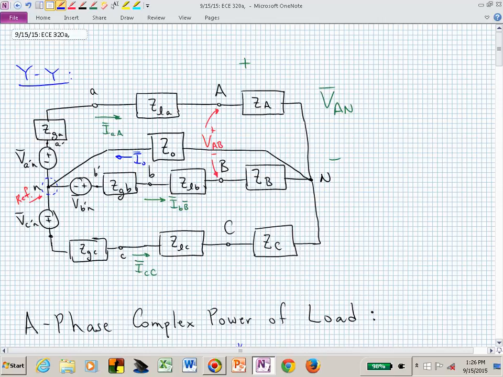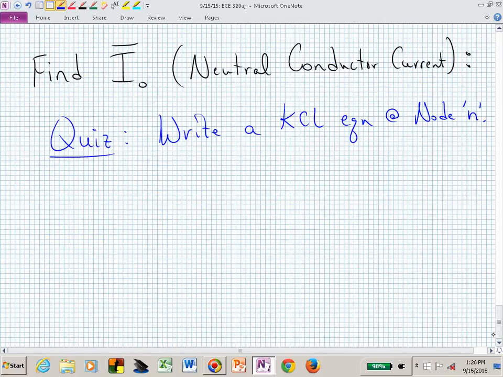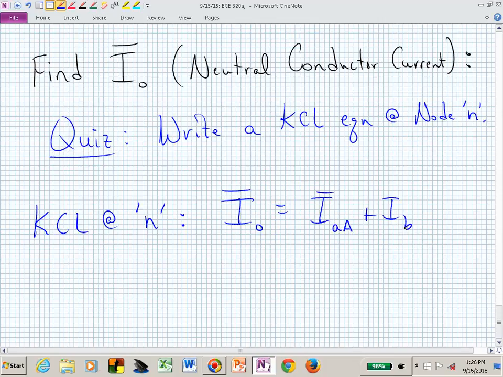Let's then follow that along. So now this KCL equation at little n is now I sub 0, those are the ones coming in, equal the ones going out. Voila.